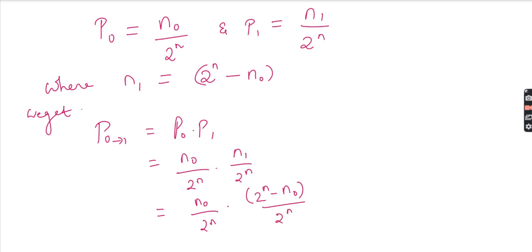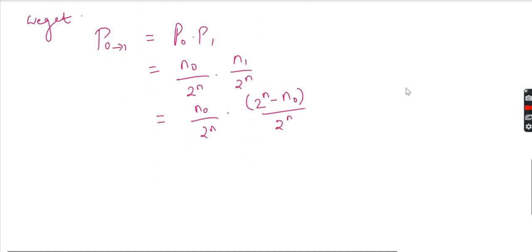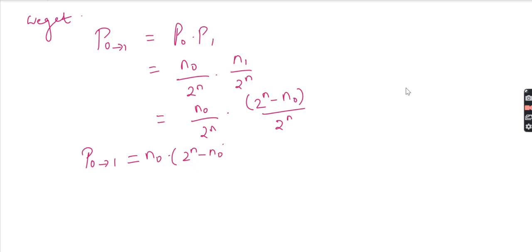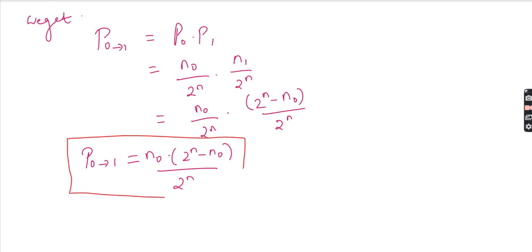So in general, the formula for an n-input gate is P 0 to 1 equals n0 into (2 to the power n minus n0) divided by 2 to the power 2n. This is the formula to calculate the switching activity for n inputs.